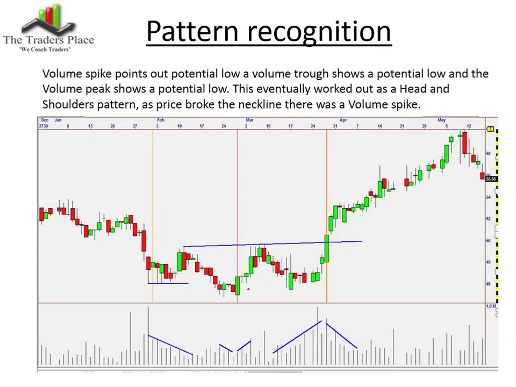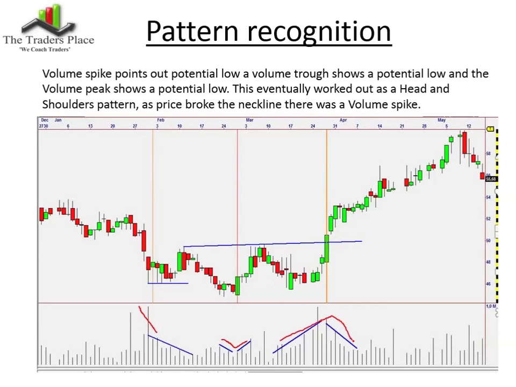Okay, what we have here is a volume spike that points out a potential low over there. That's just the one volume bar spiking higher than average. We have a volume trough, which just means the volume decreased into the low point, and as the price started to move higher, volume increased, and that gave us a potential turning point.